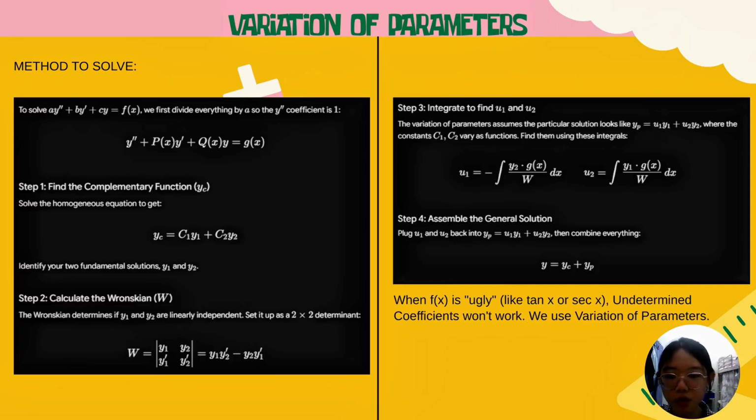Plug u1 and u2 back into the particular integral equals u1y1 plus u2y2, then combine everything, which is y equals complementary function plus particular integral. This is used when the function f of x is ugly, like tan x or sec x. Undetermined coefficients won't work. We use variation of parameters.